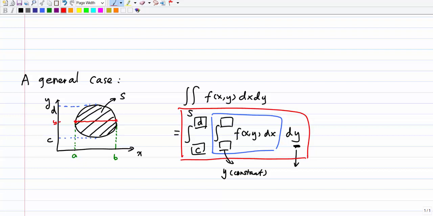So this will be the lower bound and this the upper bound. For different y, they could change differently, so the lower bound and upper bound are not constant. They depend on what y you have.